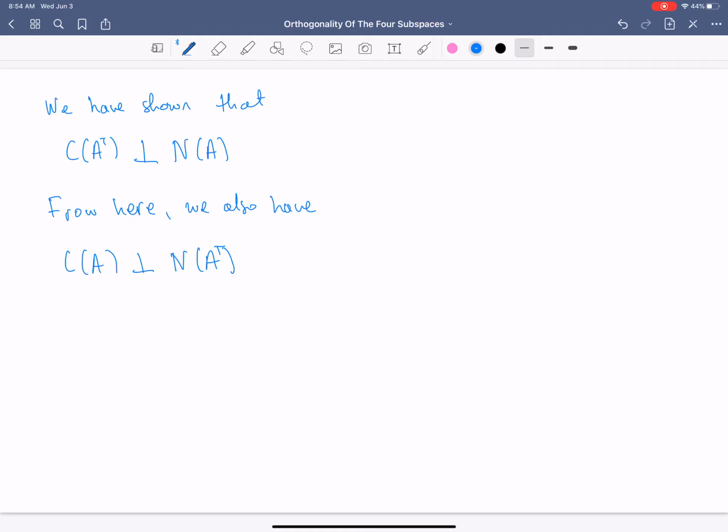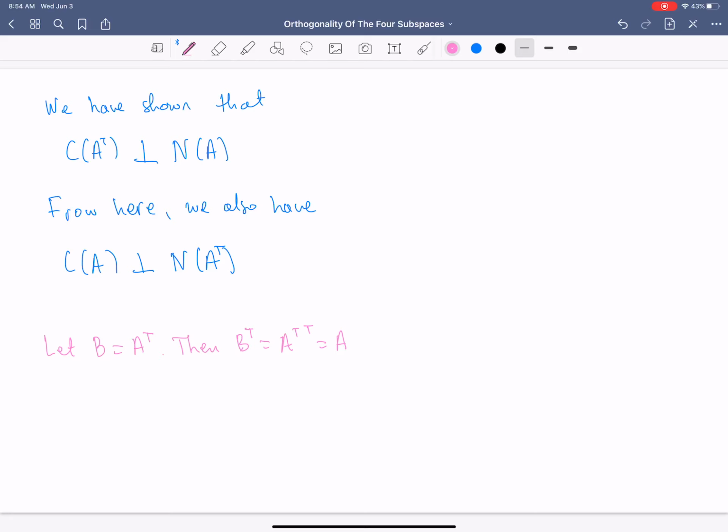How can you see this? What's the easiest way to see this? Well, let the matrix B equal A transpose. Then B transpose is A transpose transpose, but that's just A. So when you transpose twice, you go back to the original thing.